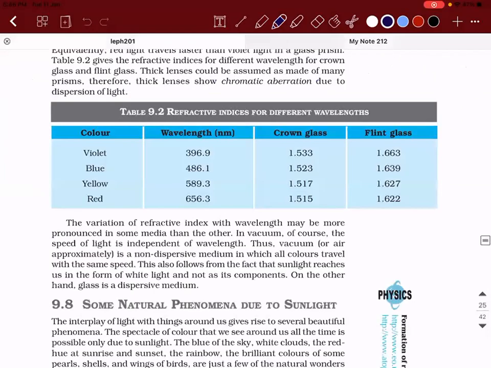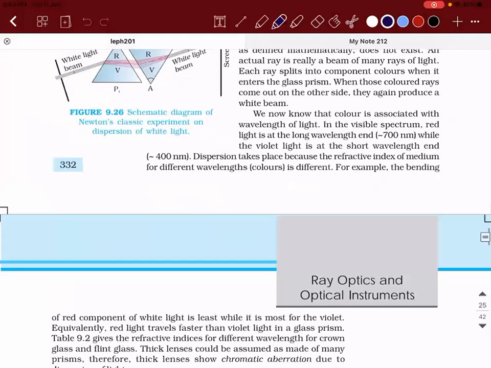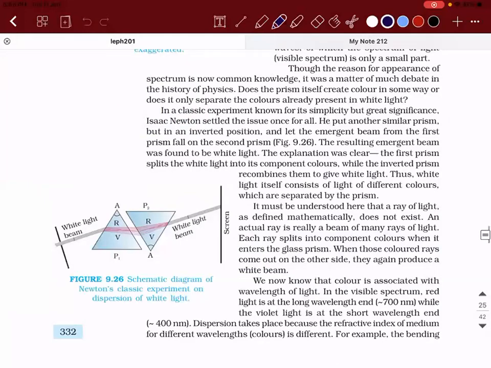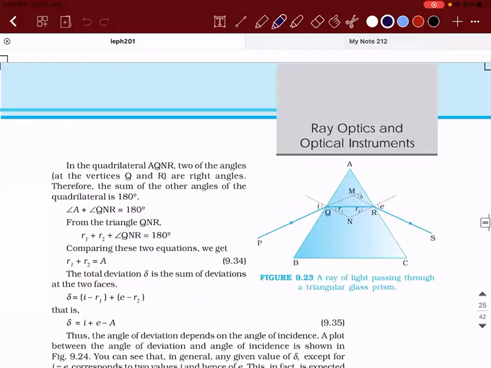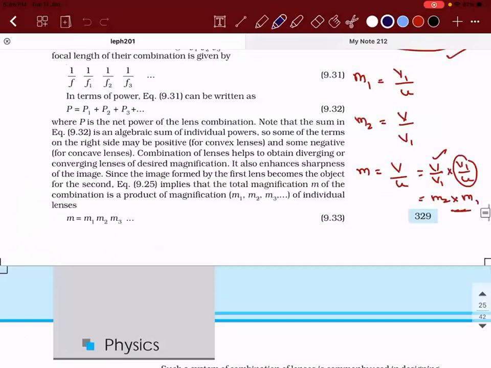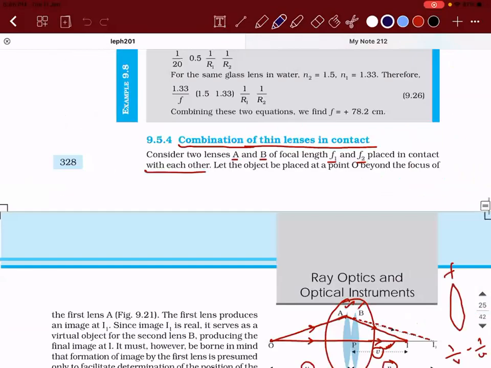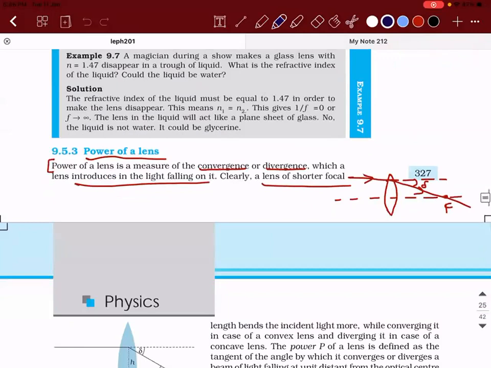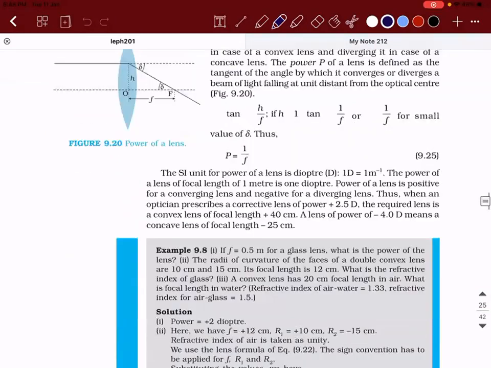Now we need to know certain facts about power when it is calculated with respect to different lengths. This is an important point from your textbook. Suppose you go for an eye checkup and are prescribed a corrective lens.